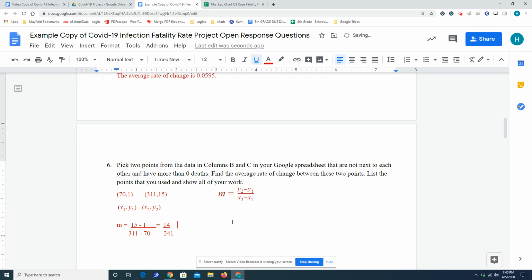And for this case, it is going to equal 0.05809. So that's the slope that I found from my 2 points, and I showed all my work.